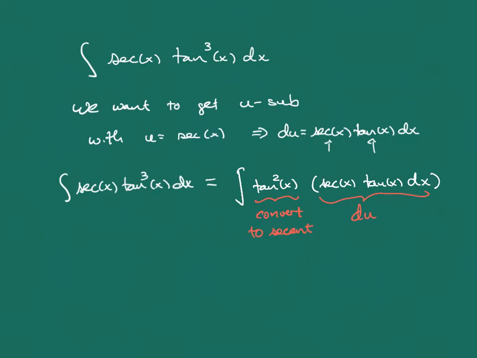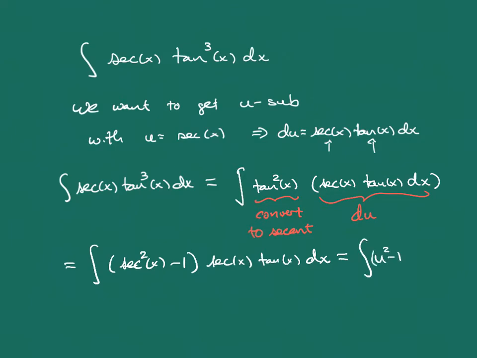And so what do we do with that? Well, we quite simply use our trig identity. And so our integral of tangent squared becomes secant squared minus 1, and then we've got our secant of x, tangent of x, dx. So now with our u substitution, we get u squared minus 1, and then our du for our secant of x, tangent of x.